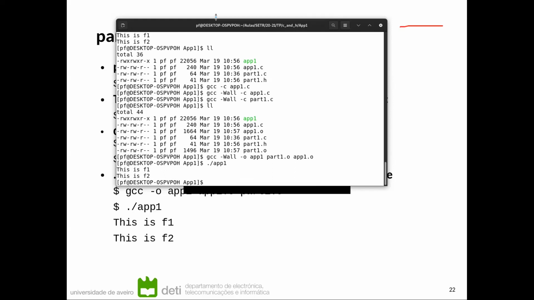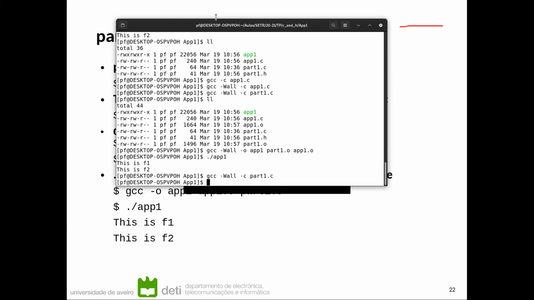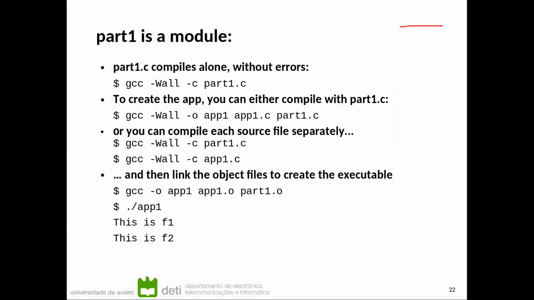One way to verify that I have a correctly working program or module is that I can compile it separately. In this case, part1 is a correct module, at least syntactically. When this happens, I compile and I get no errors.